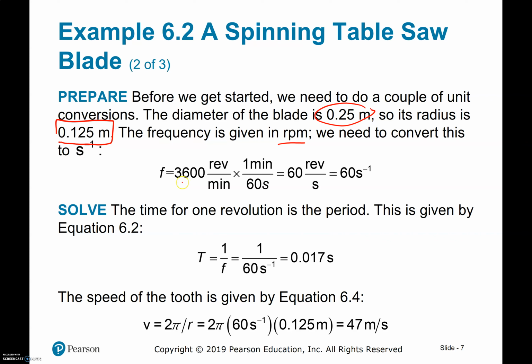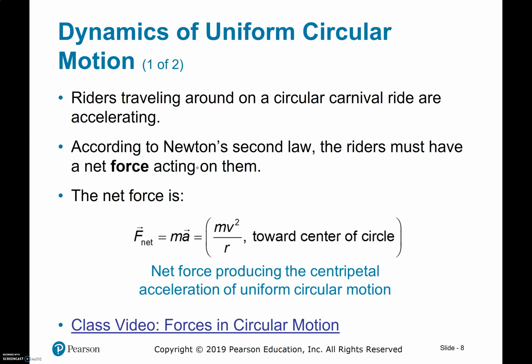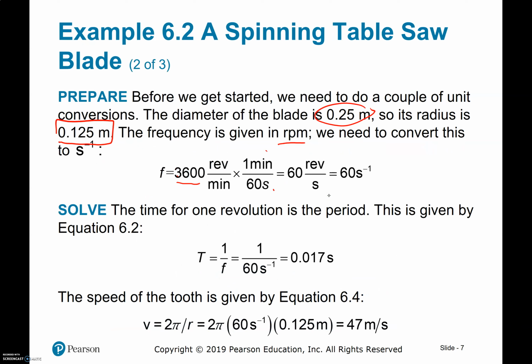So to convert that, we take 3,600 revolutions per minute, and 1 minute has 60 seconds. Then we multiply these two quantities, and we get 60 1/seconds. That is the frequency, 60 hertz. It goes 60 times every second.